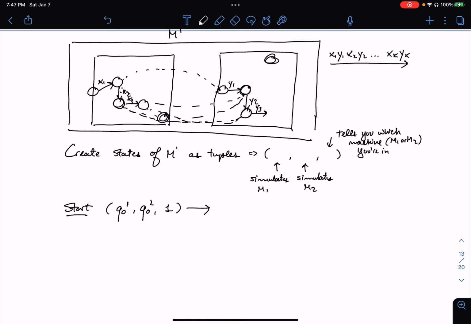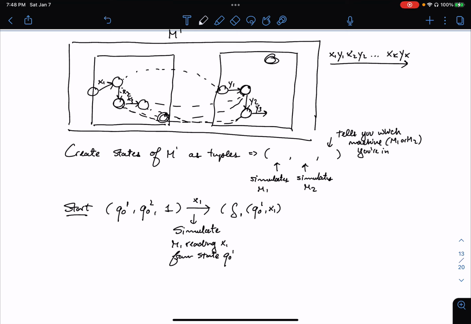Now, when I read the letter X1, I simulate M1 reading X1 from the state Q01. To do that, I use the transition function that I'm given for M1, which says that if you're at Q01 and you read an X1, you go to some state, okay?